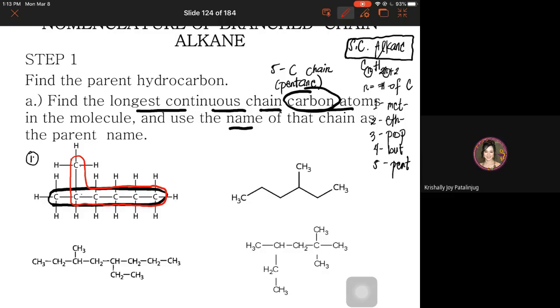The one enclosed in red also has a 6 carbon chain. So either one, just pick one. That will serve as the parent chain for that molecule. So what will be the name of that parent chain? Applying step 1, this would be hexane. Very good, hexane.